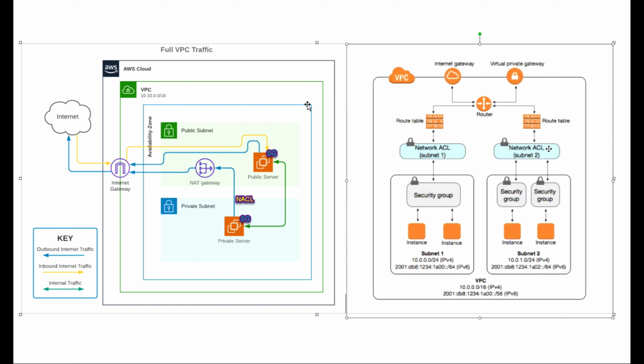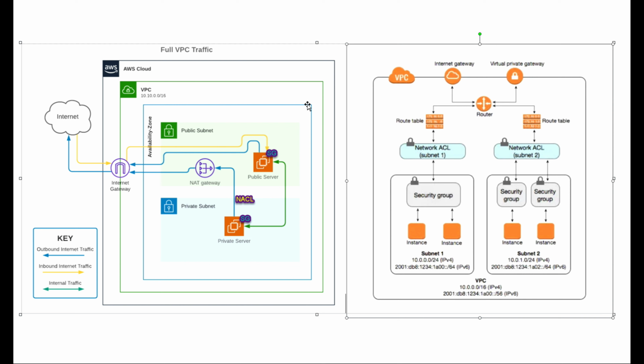But for a network ACL, that is different. We have to put both incoming and outgoing rules. Network ACLs support allow and deny rules. In the security group case, if we just allow, it will work. Another thing to note is that rules are applied in order. When you go through the console, you will see that.